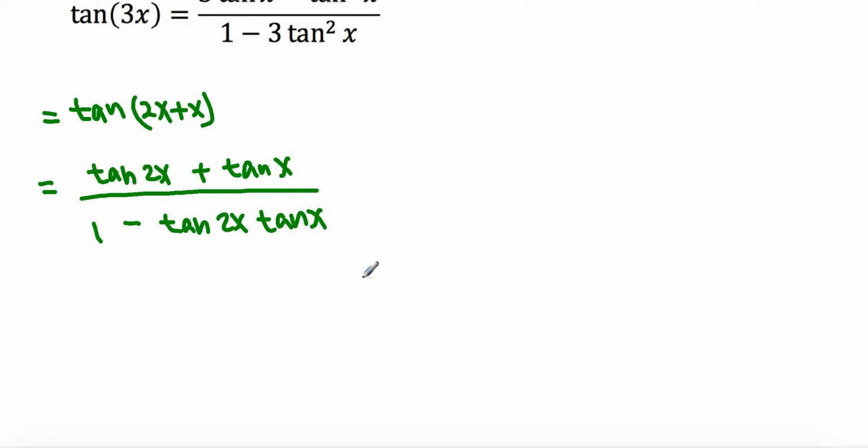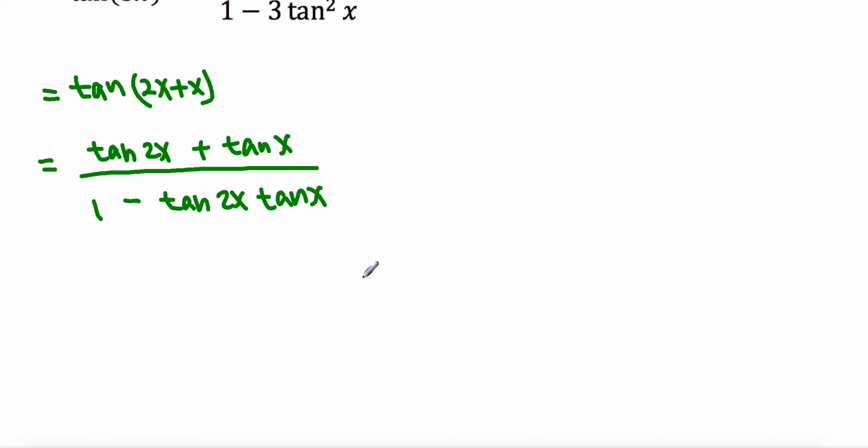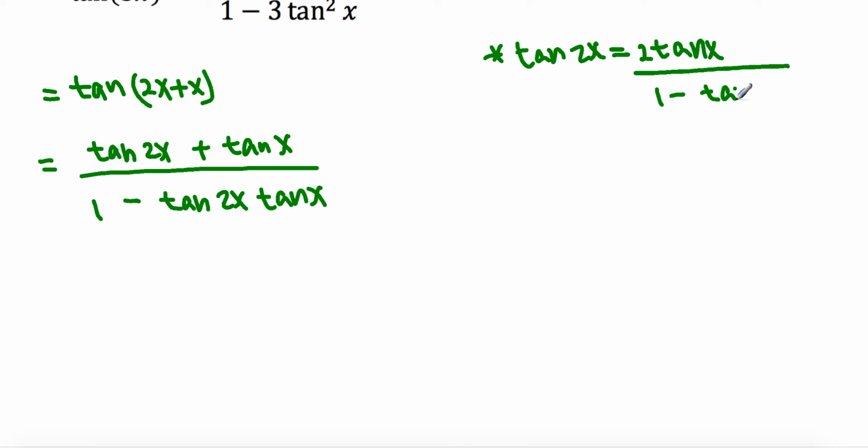But what do you know about tangent of 2x? Tangent of 2x in this case is equal to tangent of x times 2 over 1 minus tangent square of x. So I'm going to put this in both of the tangent of 2x places.